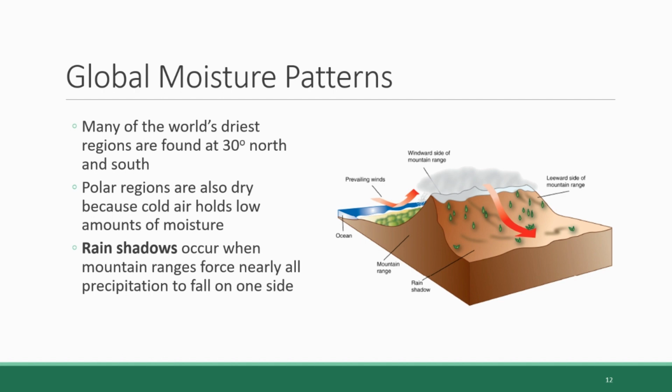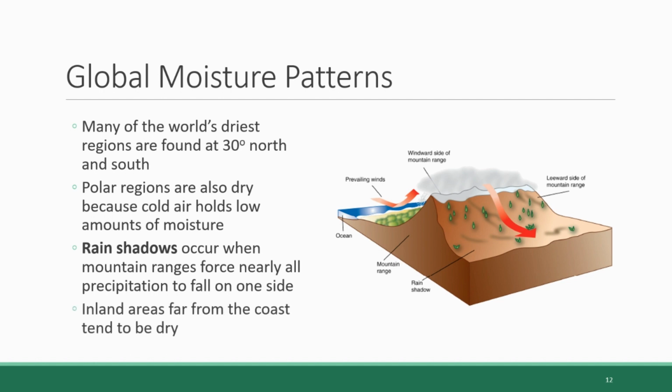So now the air is dry, but it keeps getting pushed over the top of the mountain, and by the time it reaches the other side, there's no moisture left to facilitate precipitation. This dry region on the opposing side of the mountain, what's called the leeward side, is called a rain shadow.